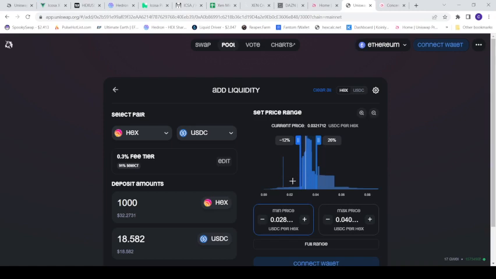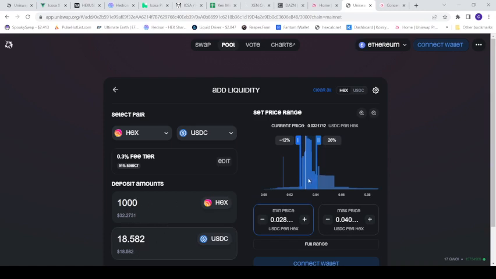And then once the price gets back into your range here, past 2.8 cents, and starts moving up more towards 4 cents, then now you're more USDC heavy versus Hex.